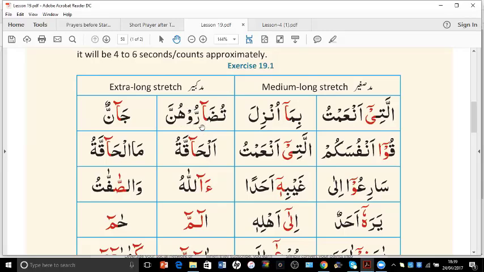Then we join the sound of this dhar and this ru in just one movement of our tongue. Dhar, ru. Well done. Tudarruhunna.